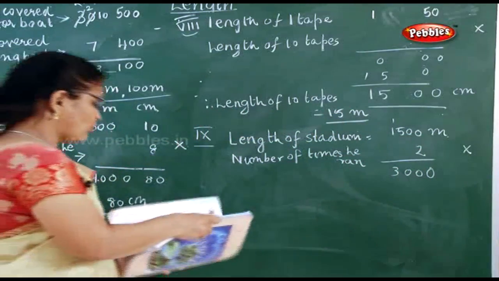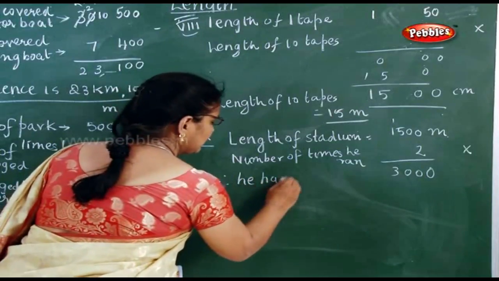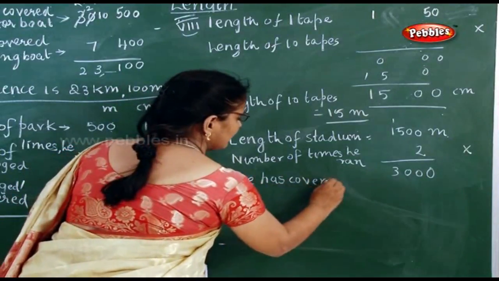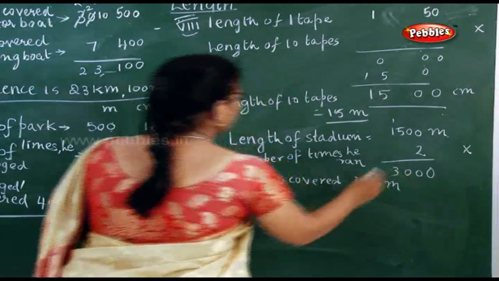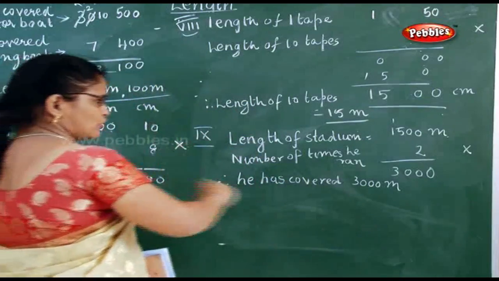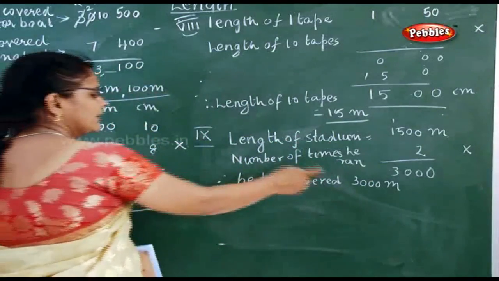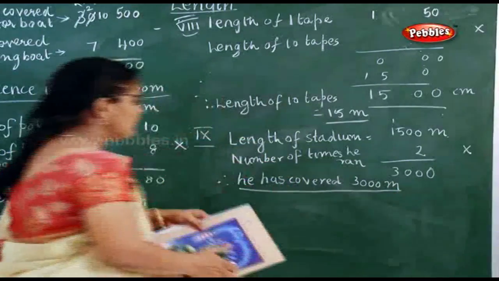He has covered the total distance of 3000 meter. Because the length of the stadium is 1500 and he has gone 2 times. So 1500 into 2 is 3000 meter. So therefore he has covered 3000 meter.